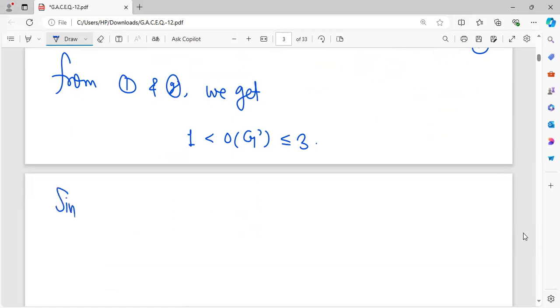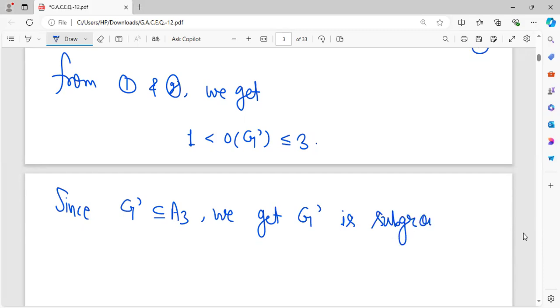Since G dash is contained in A3, G dash is a subgroup of A3.